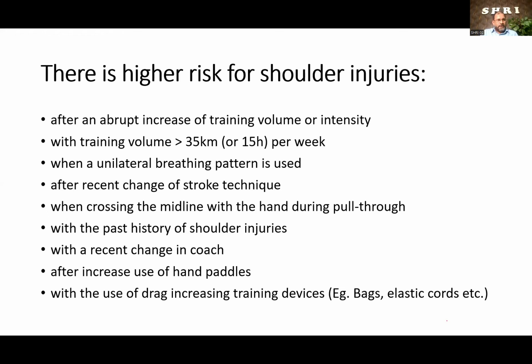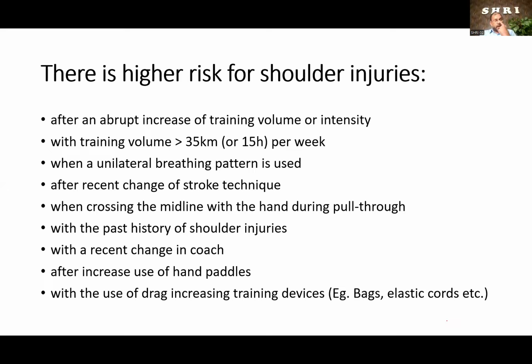After an abrupt increase of training volume or intensity, that is obvious. If the training volume is very high, close to an event or competition, it might lead to shoulder injuries. Training volume of more than 35 kilometers per week or 15 hours per week.